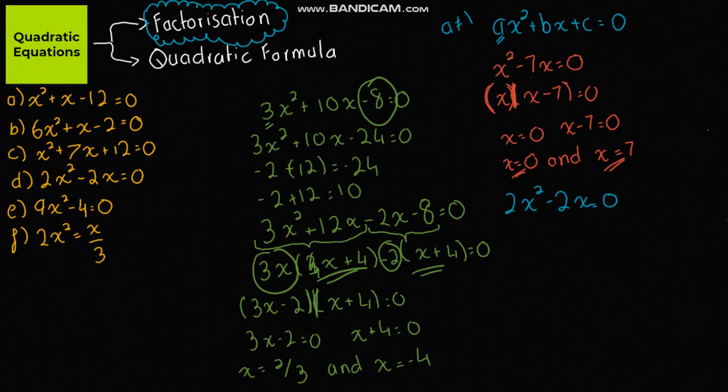Okay, in this case the common factor is 2x, leaving x minus 1. Okay, now we'll just cross check that: 2x times x is 2x squared, 2x times negative 1 is negative 2x, is equal to 0.